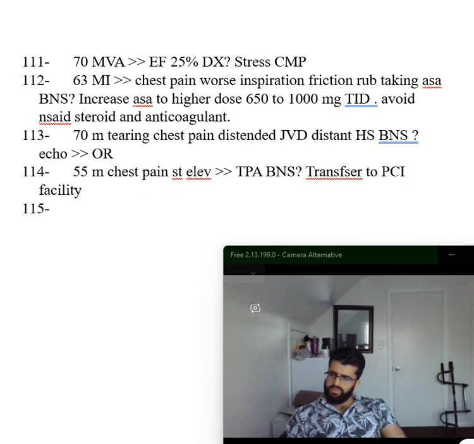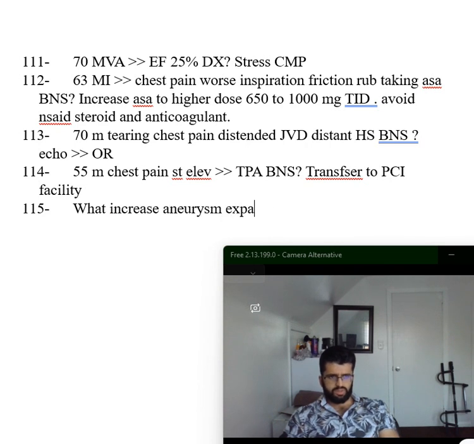Okay. All right. And now, what increases aneurysm expansion? This is another question. Smoking, okay. Active smoking is very dangerous.